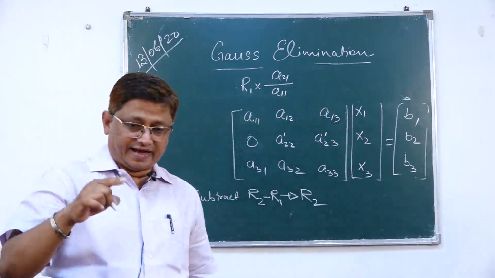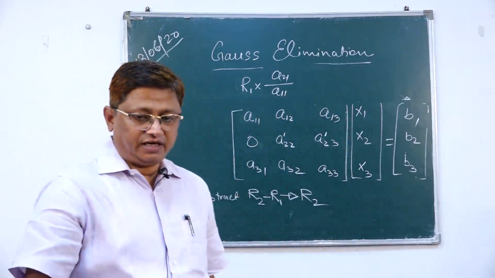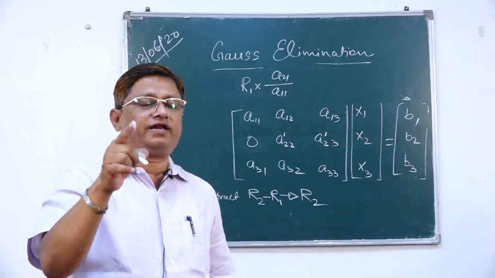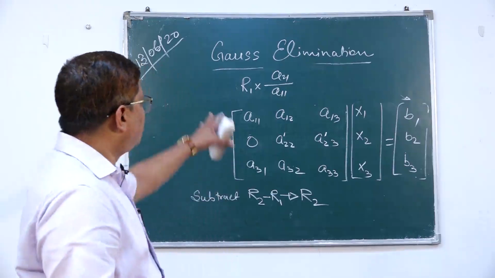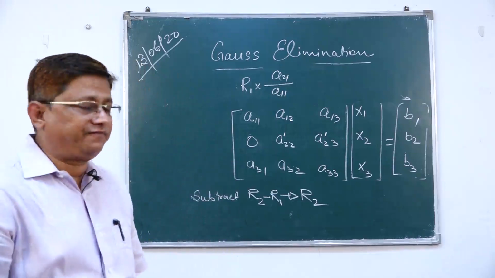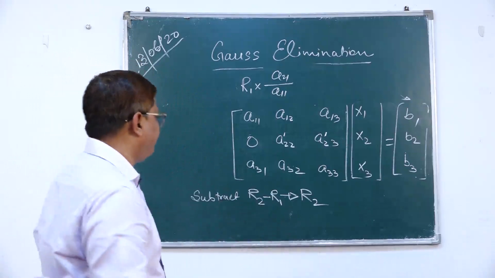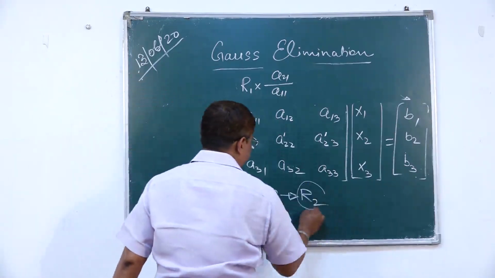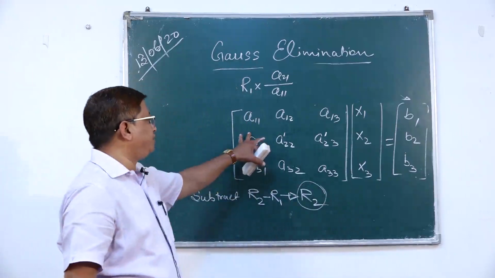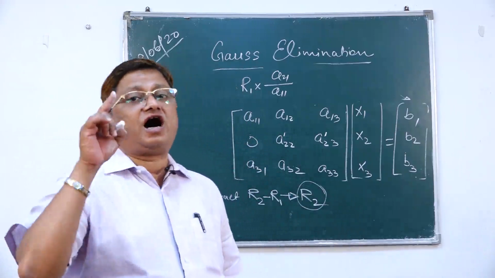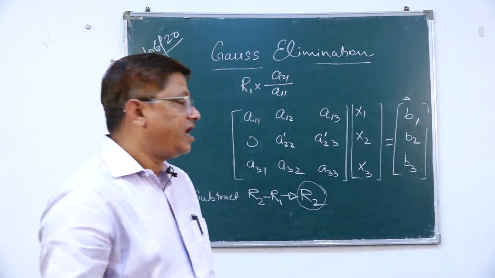After multiplying and dividing R1 by A21 by A11 into R1, then subtract R2 minus R1, the affected row is nothing but R2. We have got the first 0 at the position of R2.